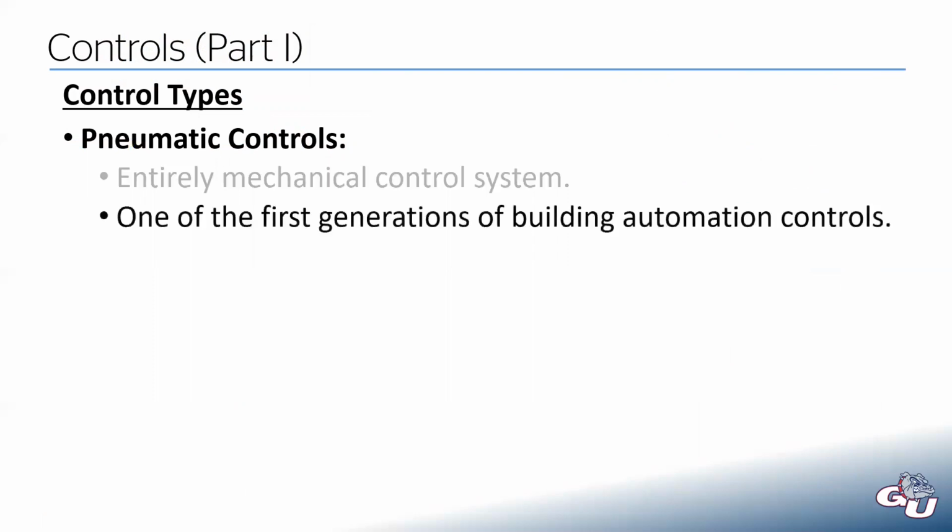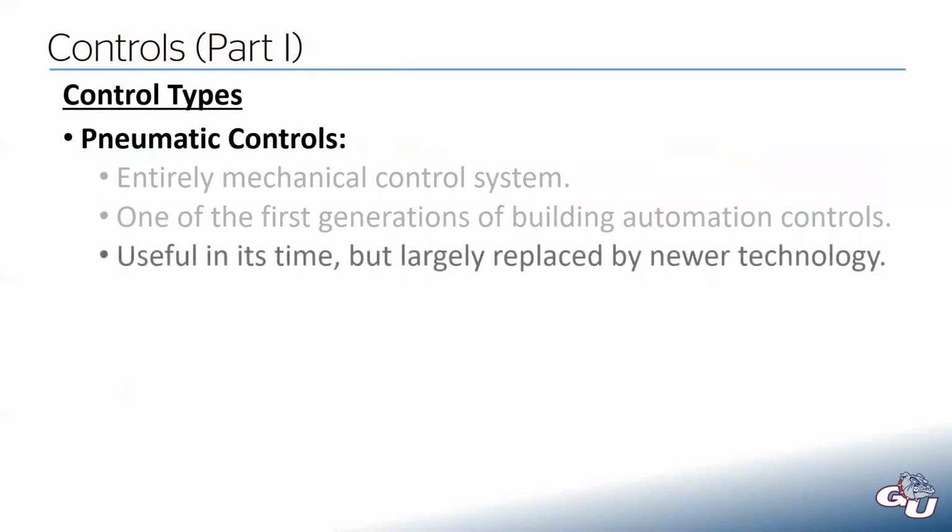And this is one of the first generations of building automation controls. When they started to try to figure out how can we automate an entire building's HVAC system, this is what they came up with. And it was very useful in its time. Today, we don't see a lot of pneumatic controls because we have newer and better control options available.